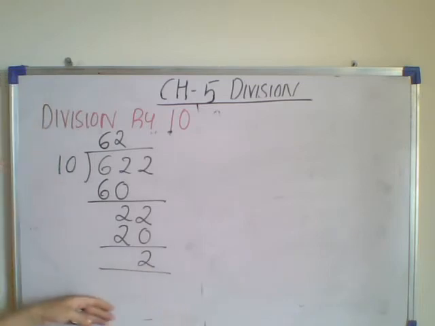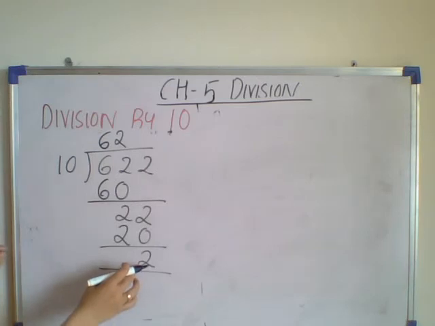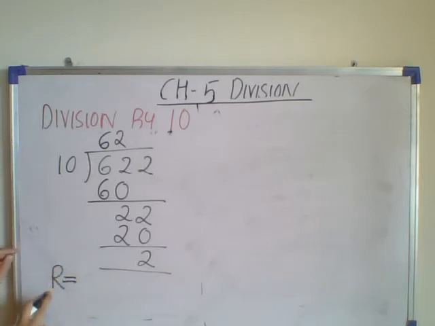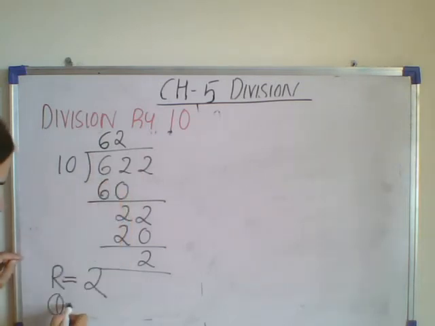So the digit which is there at the ones place will become the remainder. R indicates the remainder. So the remainder will be the digit at the ones place, and the remaining digits are our quotient. Q means the quotient. So quotient is 62.